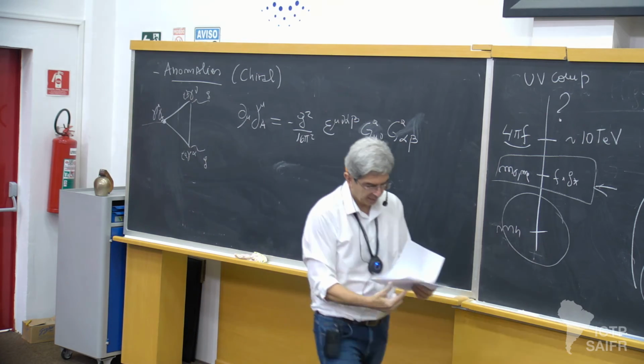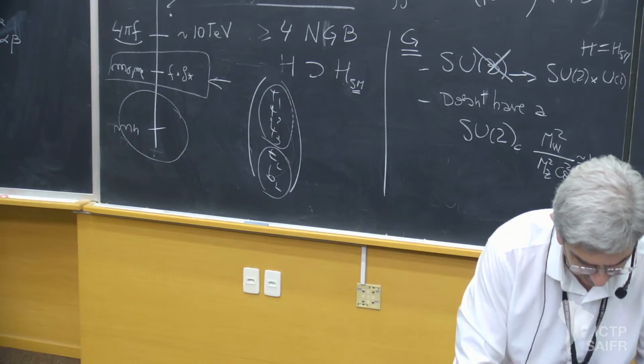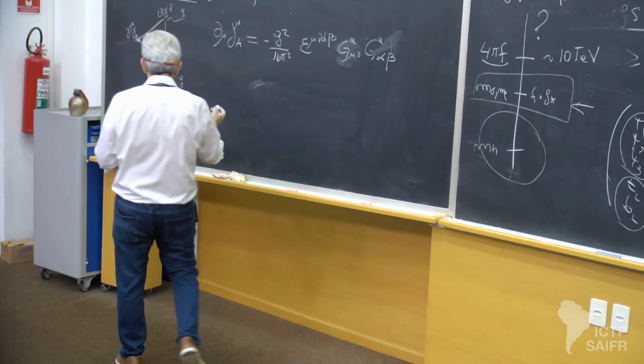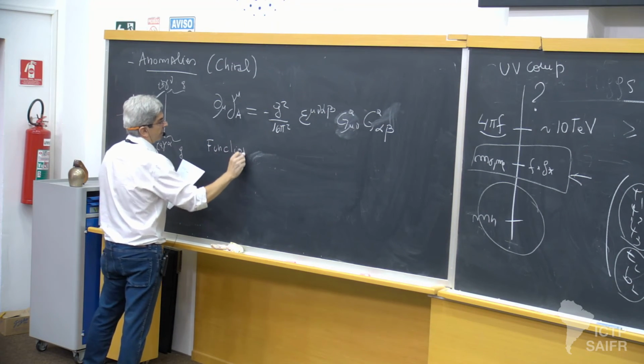I'll do it later. So there is a very interesting way to understand the anomalies and why they come from in the functional integral, which is very useful.